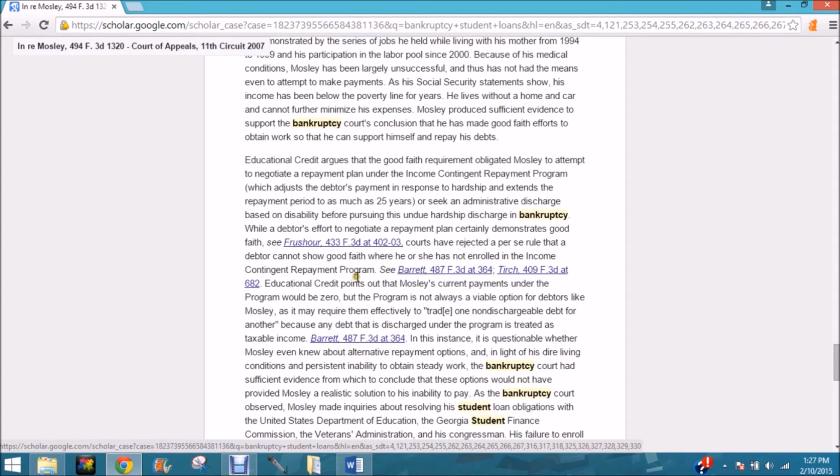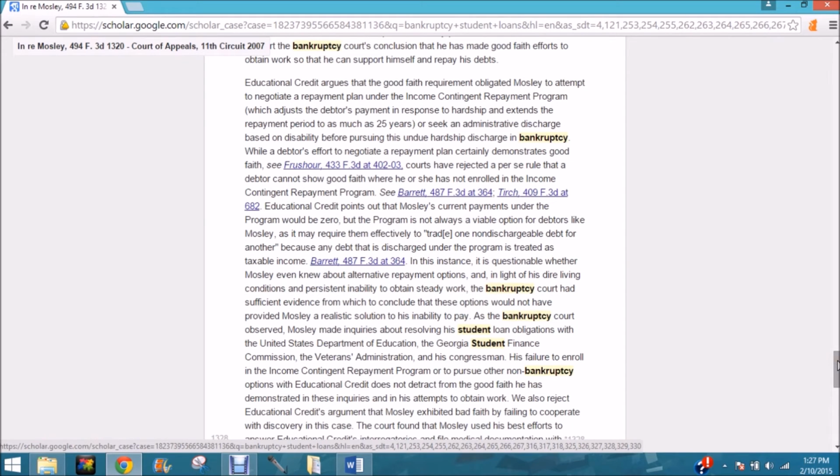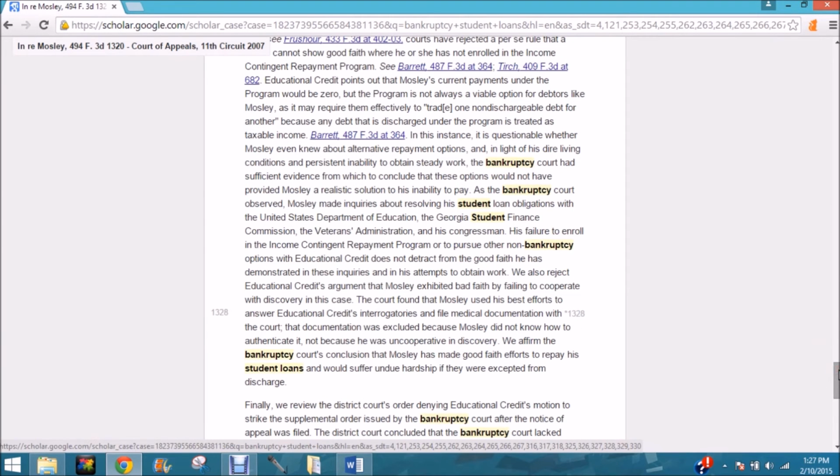They reject that because if you aren't going to have to make any payments under it, they reject the idea that you have to submit yourself to 25 years of debt hanging over your head. And let's see, I think they may also find that the tax results are also a bad thing. In any event, many of the cases that have examined that question and come up with the right ruling have found that the tax consequences are something that would prevent you from having to sign up for the ICRP, okay?